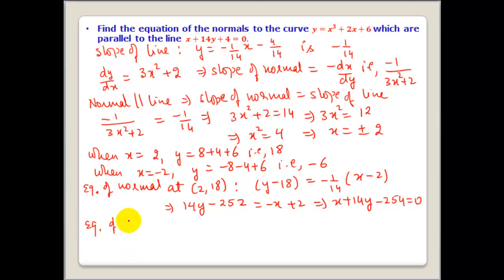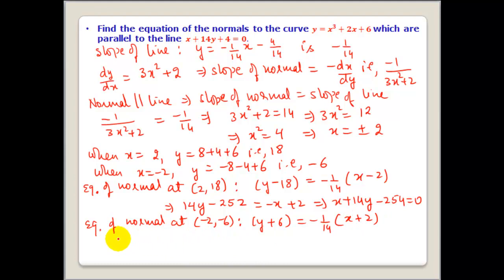We have another point. So at that point also normal can be evaluated, its equation. So that other point is minus 2 comma minus 6. The equation will be y plus 6 is equal to minus 1 over 14 times x coordinate is minus 2 here. So x minus minus 2, that makes it plus 2.